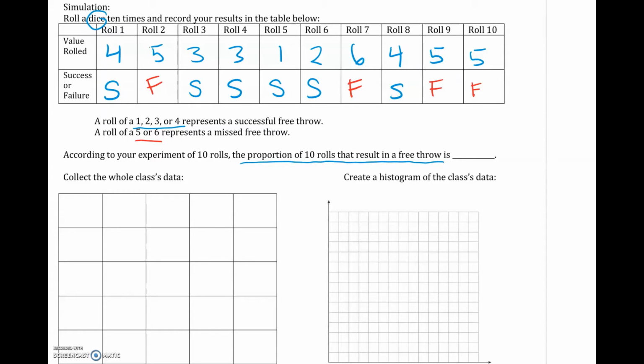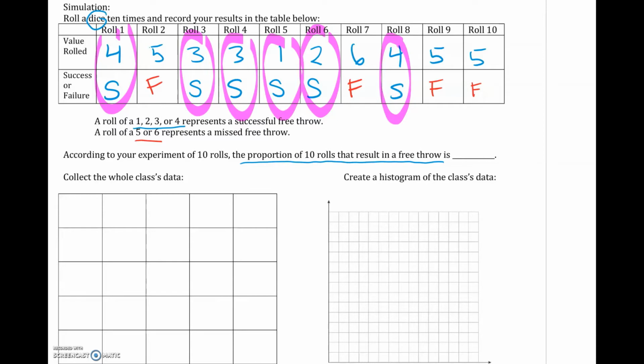So we had how many successes here? 1, 2, 3, 4, 5, 6 out of 10 were successful. So the proportion, 6/10, is equal to 0.6. So we're saying our proportion is 6/10 or 0.6. That will be successful. All right.